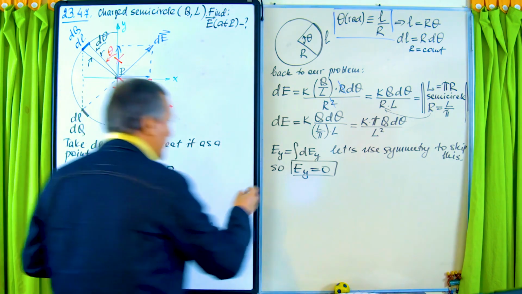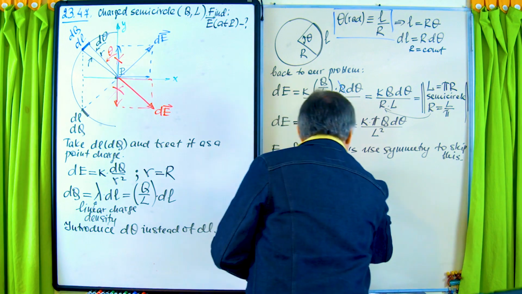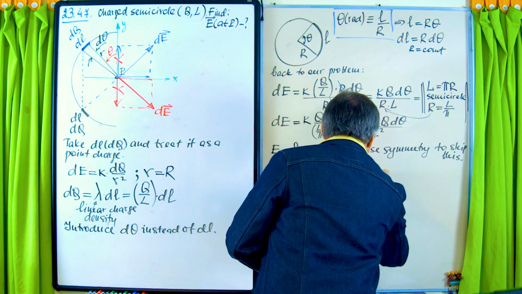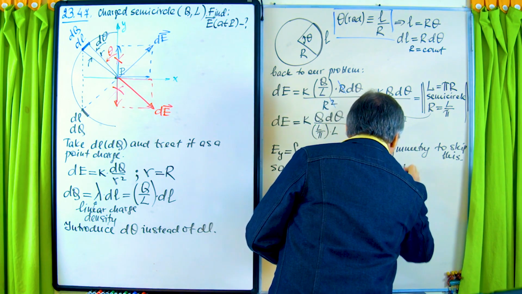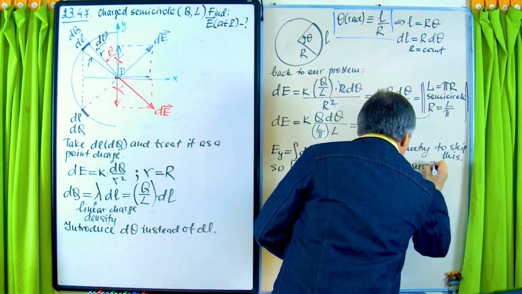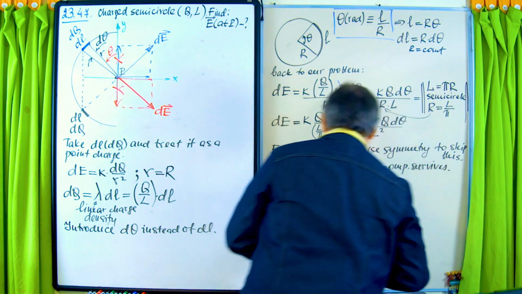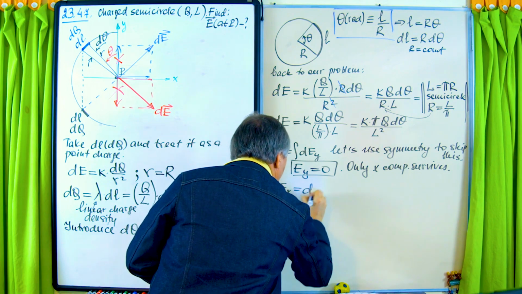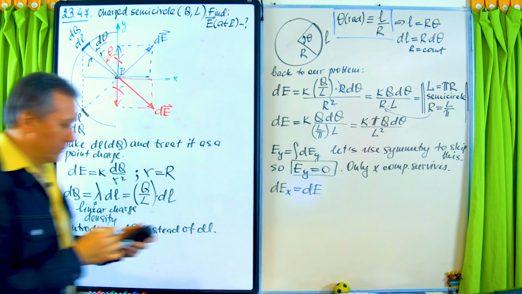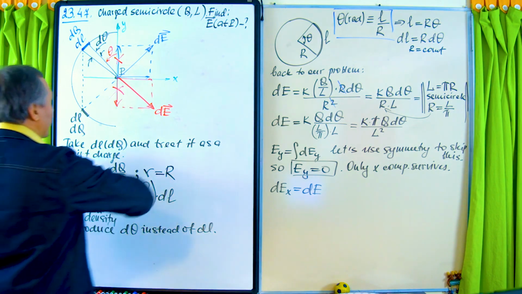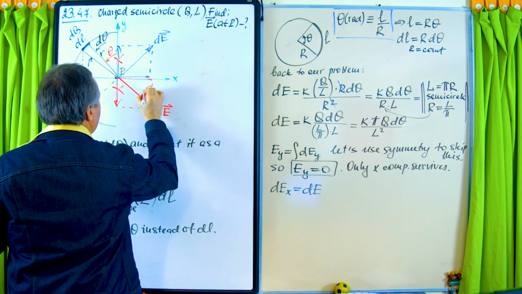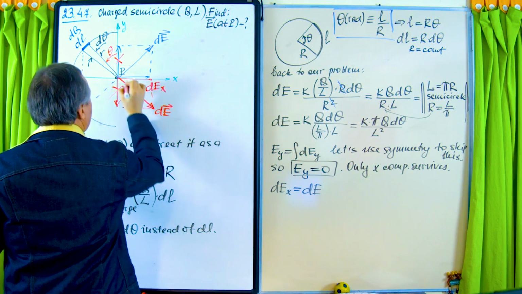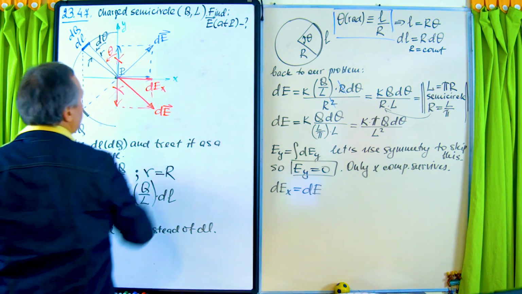All right. So of course, only the x component survives. Okay, so now let's find the x component of this electric field. Let me write. So this is the x component, this is dEx, right?